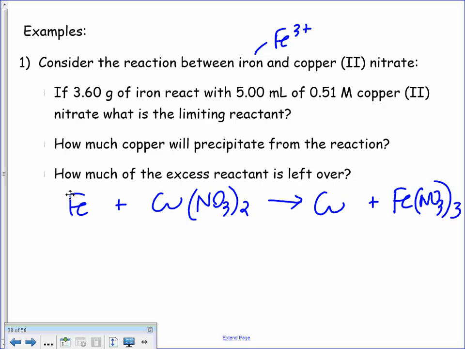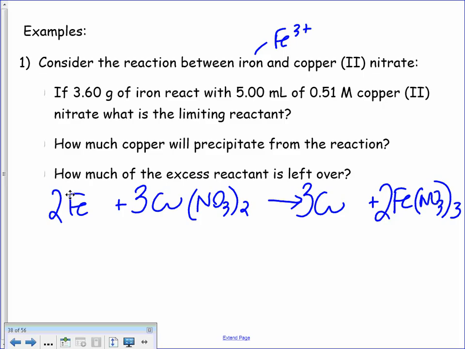So then we need to balance it by putting a 3 in front of the copper 2 nitrate and a 3 in front of the copper. So you see the 6 nitrates here, 2 in front of this to distribute, because this 2 distributes all the way back to the 3. So that's 6 nitrates, and I have a 2 in front of the iron.